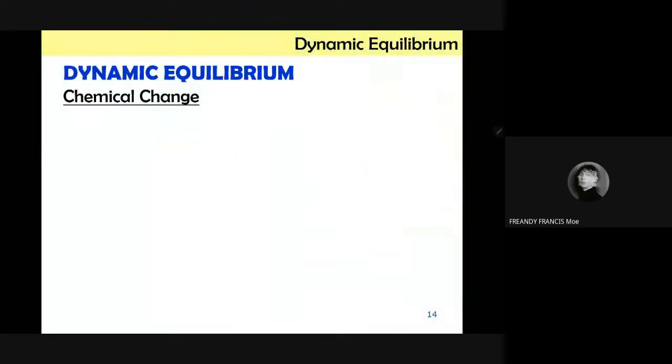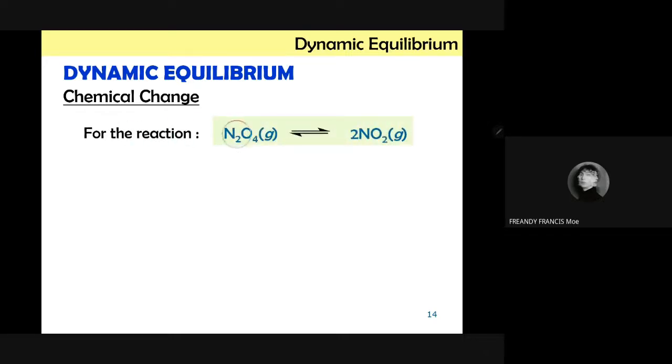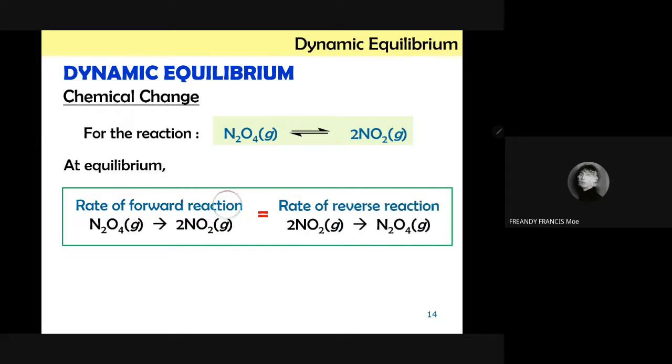To the next slide. So kita tengok dynamic equilibrium for the reaction N2O4. Okay, yang reaction tadi tu. So kalau dekat equilibrium, rate of forward reaction equals to rate of reverse reaction. So maksudnya kadar pembentukan NO2 sama dengan kadar pembentukan N2O4.